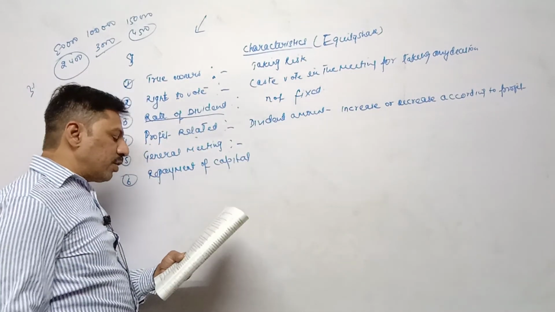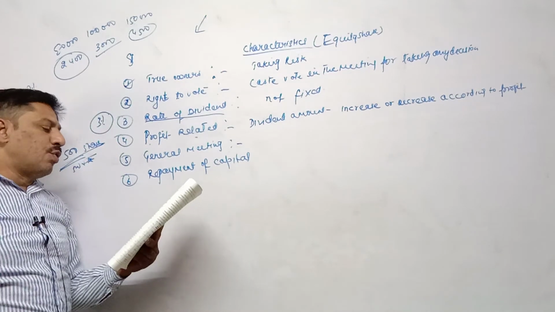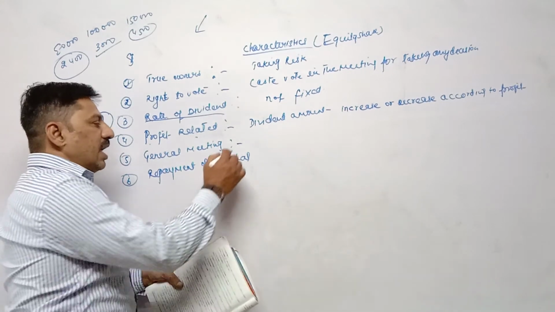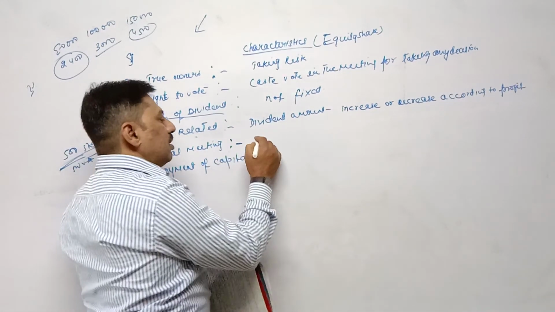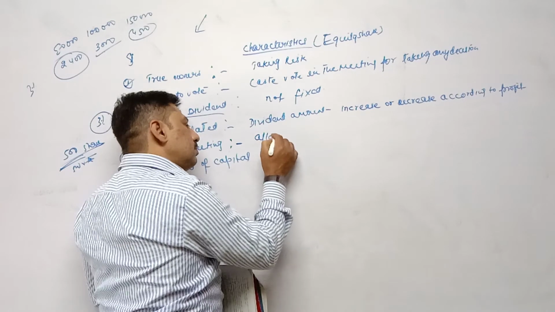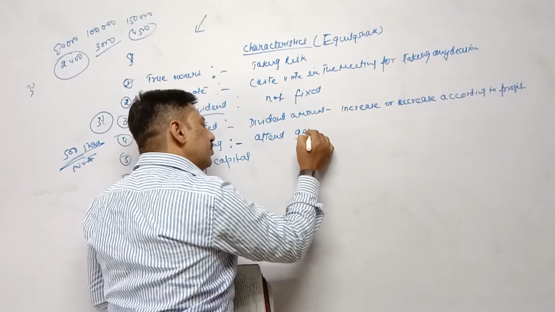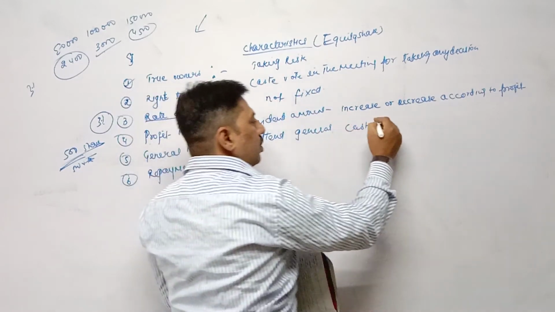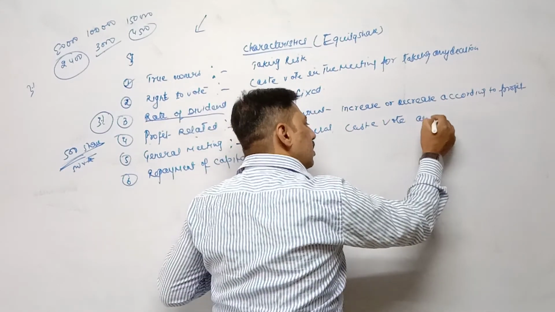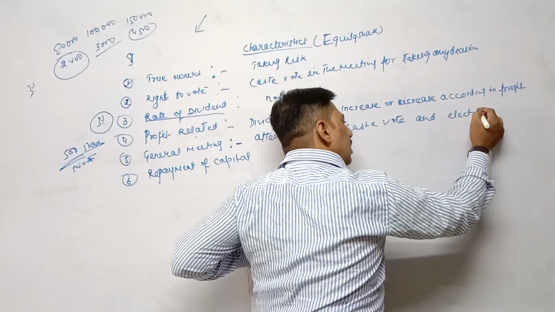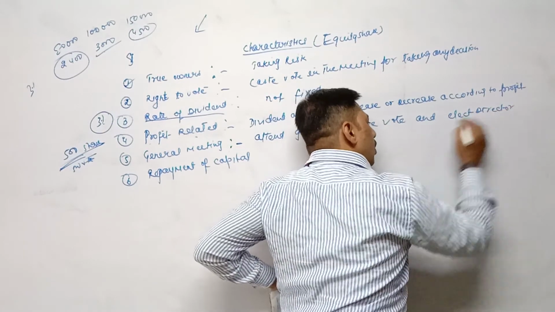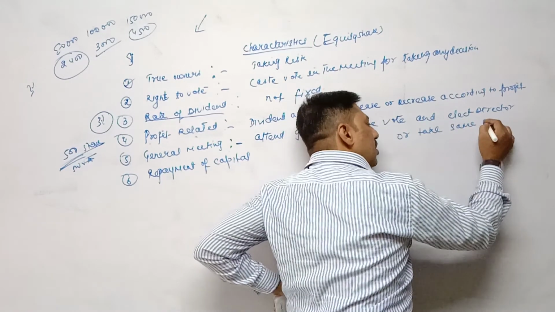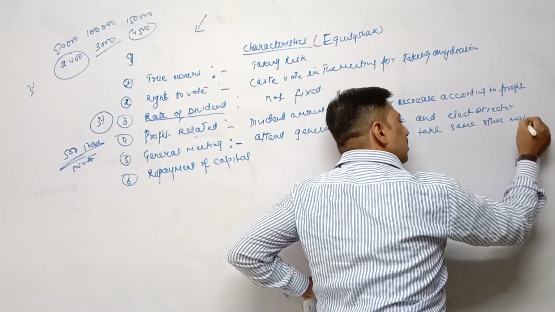According to the textbook, the shareholders have right to attend the general meeting, vote and elect the directors. So the rights are: right to attend the general meeting, cast vote, and elect directors or take some other major decisions.